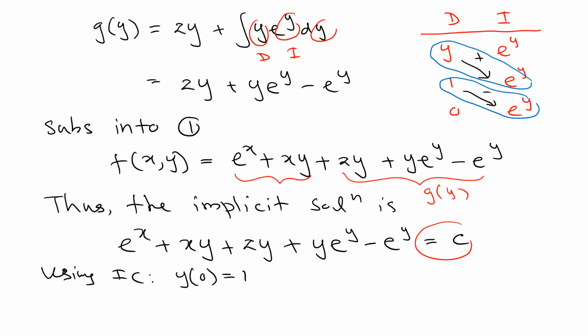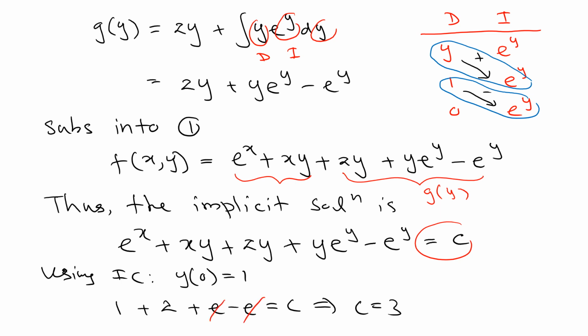So you get 1 because e^0 equals 1, and then you get a 0 term, and you get a 2 from the next one, and then you have y e^y, e^1 in this case, and then minus e. This equals C. So this says that C equals 3 because e gets cancelled out.